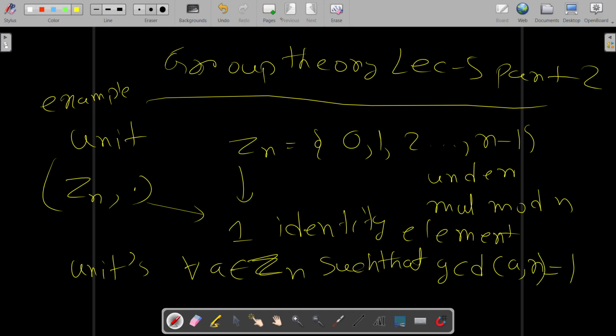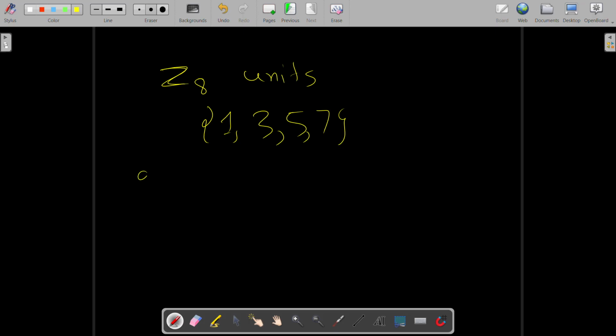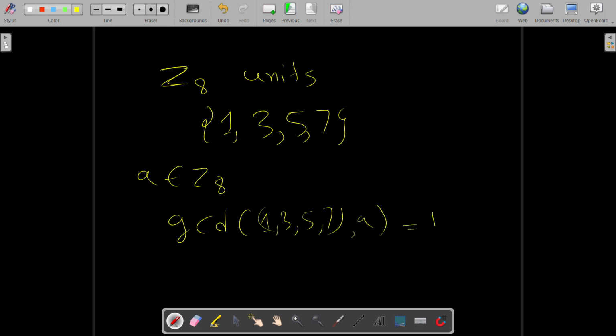Let me give an example of this scenario. For Z8, the units will be 1, 3, 5, 7, because for any element a belonging to Z8, if I take the GCD of 1, 3, 5 or 7 with the element a, the GCD will give 1.